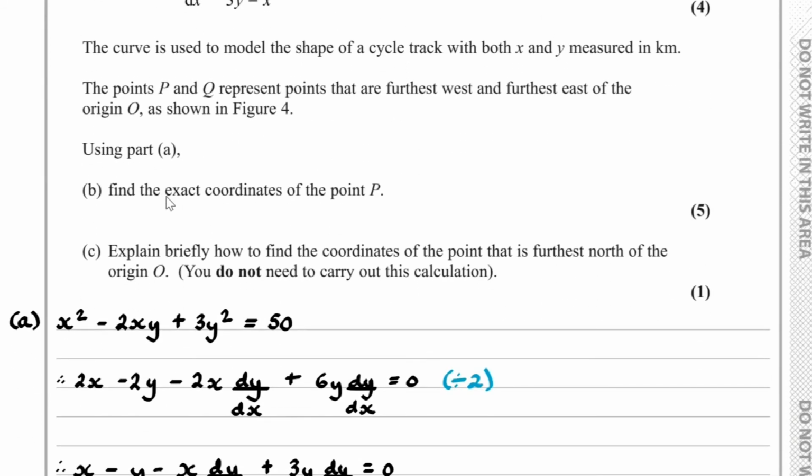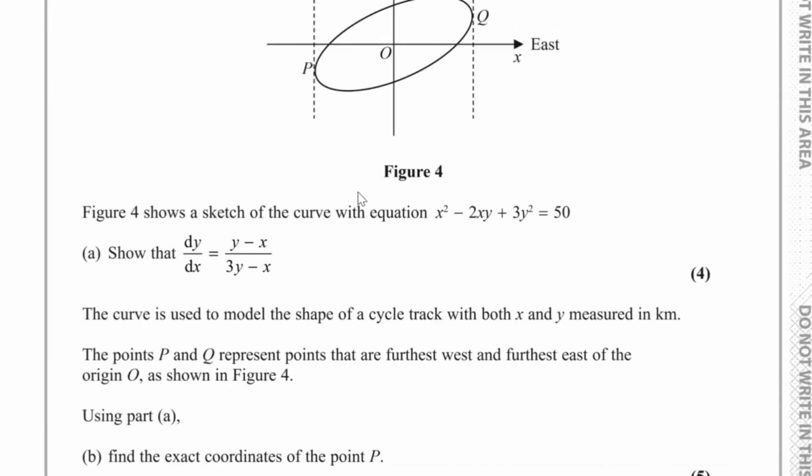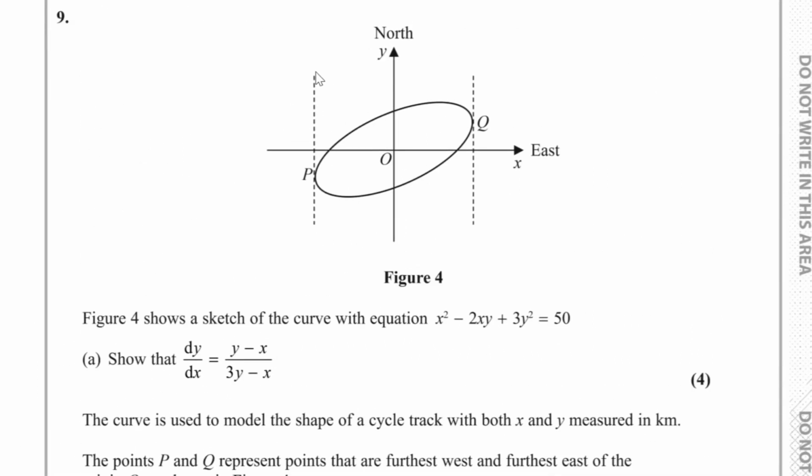And using part A, we have to find the exact coordinates of the point P. Well, the exact coordinates of the point P occur when dx over dy equals 0. So over here, we've got dx over dy equaling 0 because it's a vertical line, and the same thing here as well. We have dx over dy equaling 0.